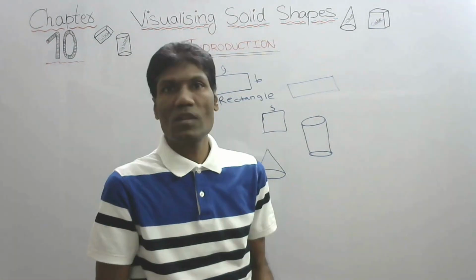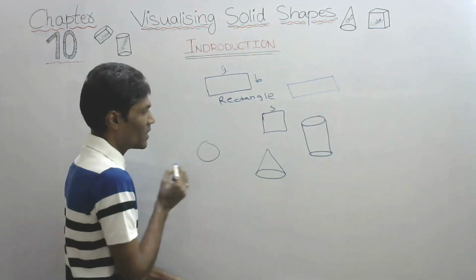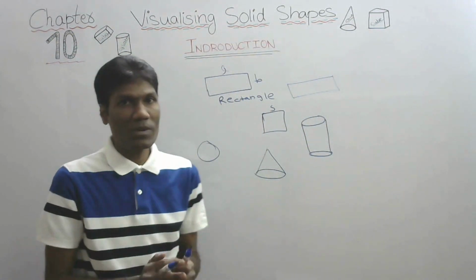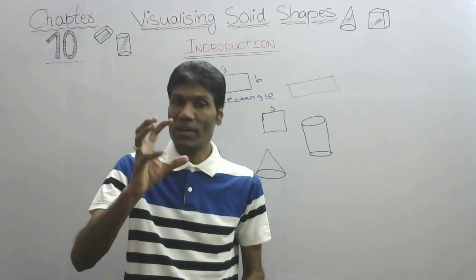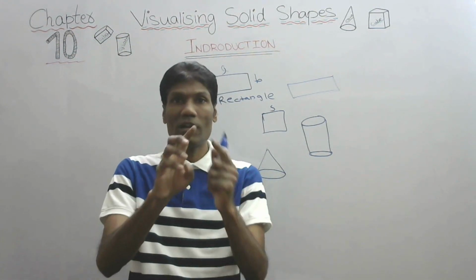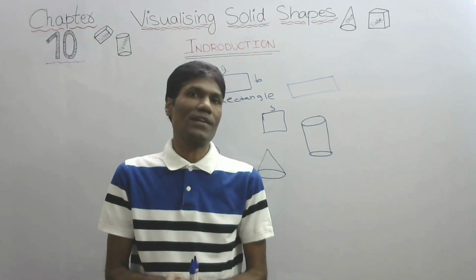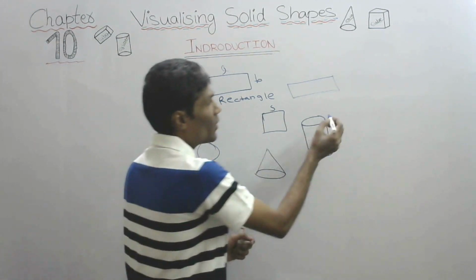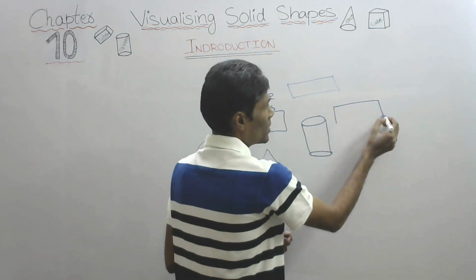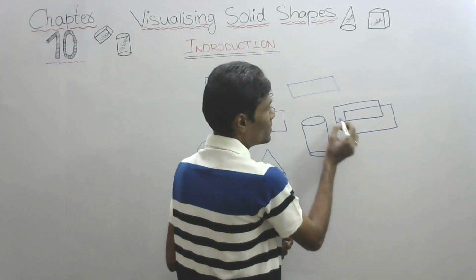Now, we have a circle. This is a two-dimensional shape. Whereas a sphere, say for example, take a ball or globe, that is a three-dimensional figure. Take a rectangle, this is two-dimensional. If we take a cuboid, a cuboid can be drawn like this on the board.